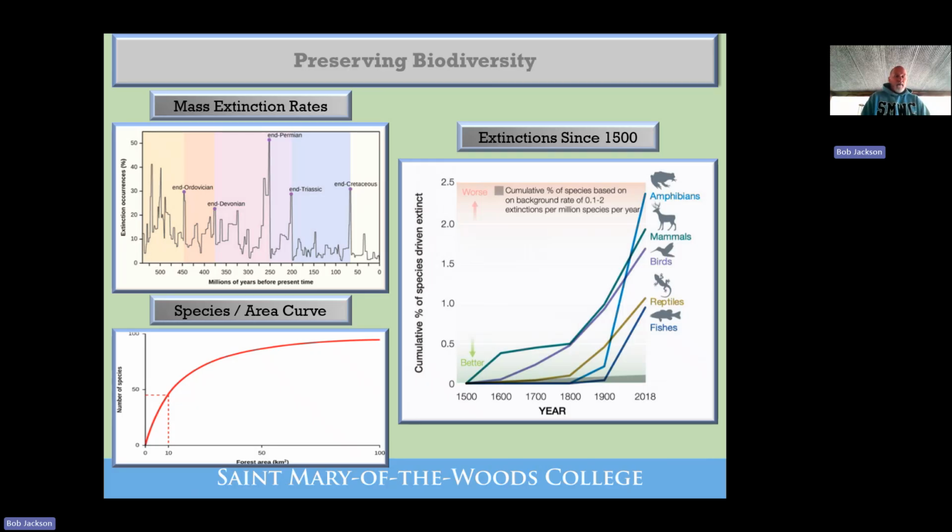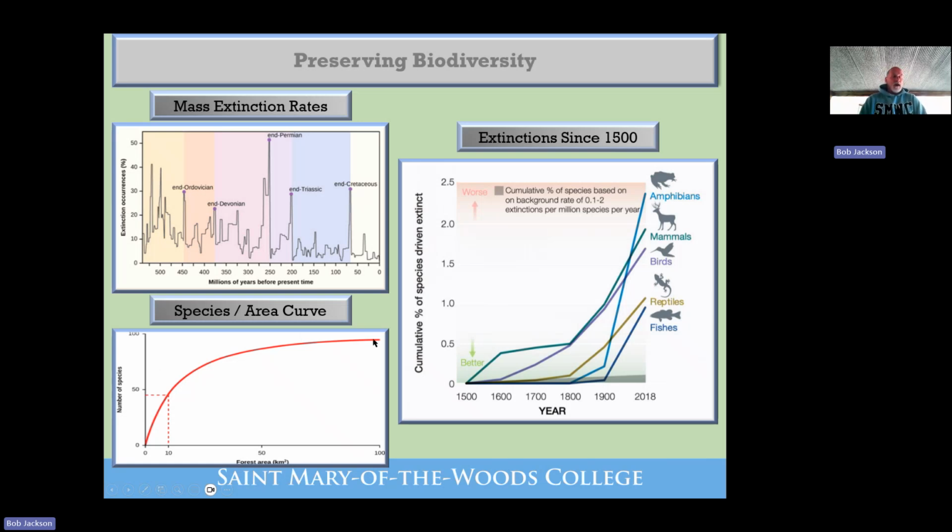Okay, the less diversity that you see per acre, the less stable the woodland really is. And so that's what this is kind of showing you. As your forest area increases, you would expect to see the number of species increase.